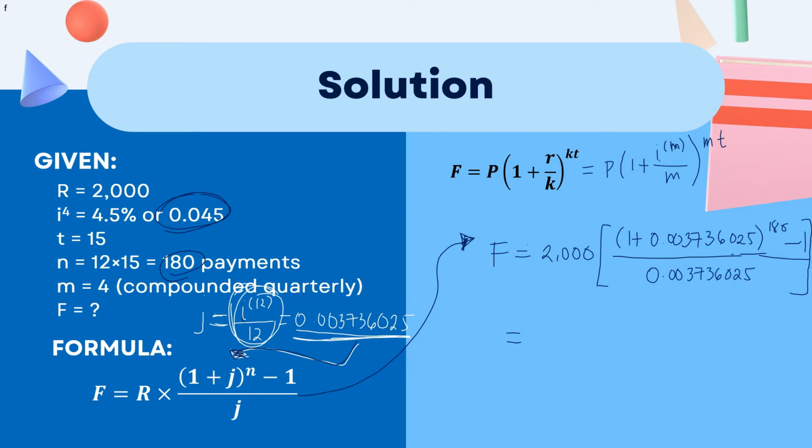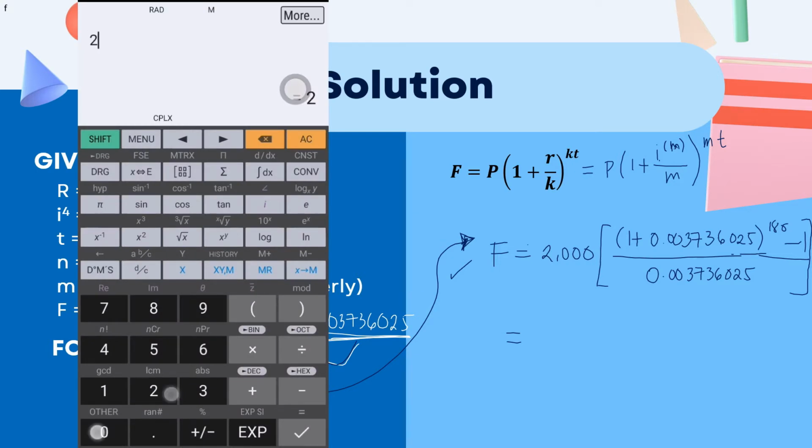Once na nakapag-substitute na po kayo ng tama, meron na kayong puntos dyan. Then, pwede nyo nang i-diretso sa calculator kung ano nga ba yung value nun. 2,000 times 1 plus 0.003733605 raised to 180, minus 1, over 0.003733605.